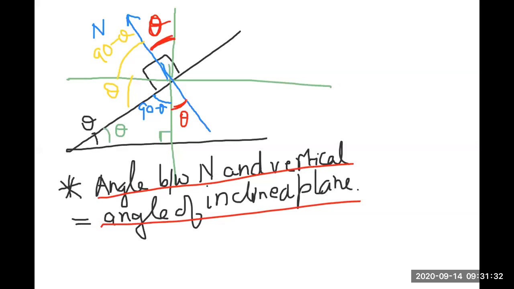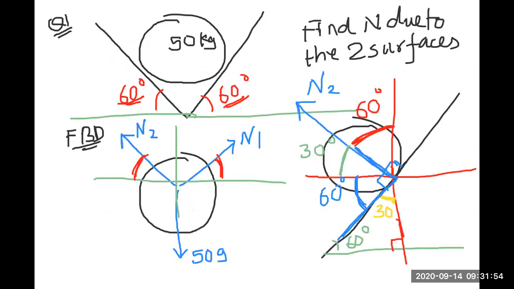Okay, so the angle between the normal reaction by an inclined plane onto an object and the vertical will always be equal to the angle of the inclined plane, right? Therefore, I go back to this question. Please notice here also, एक चीज मैं derive करना चाह रहा था, ये angle 60 degrees है, ये angle भी 60 degrees है, right?